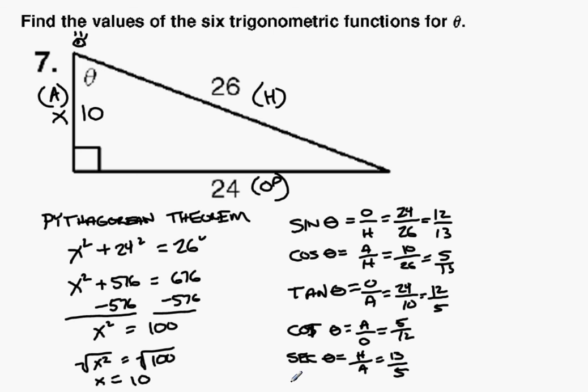And finally, we have cosecant of theta, which is hypotenuse over opposite, which in this case would be 13/12. And those are our 6 trig ratios for that particular triangle.